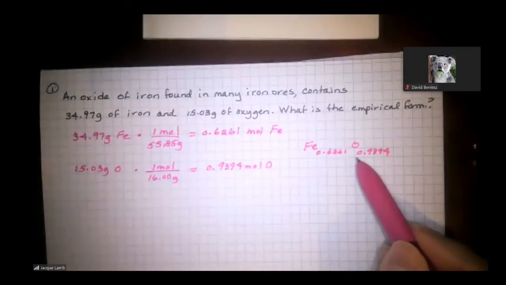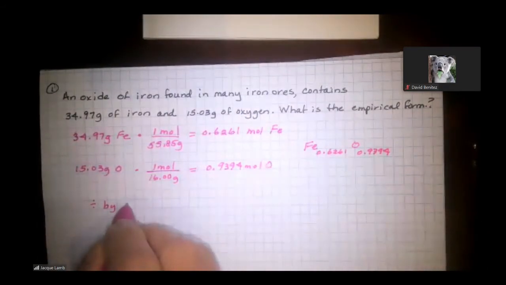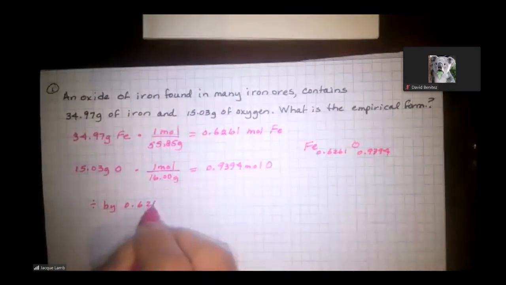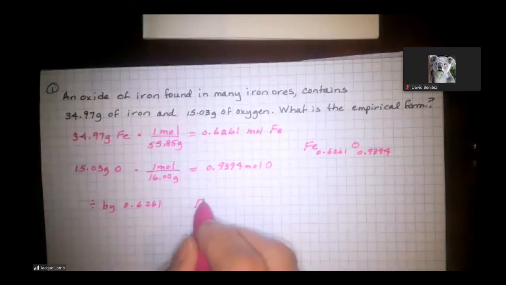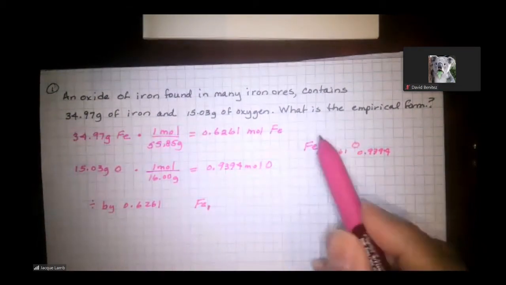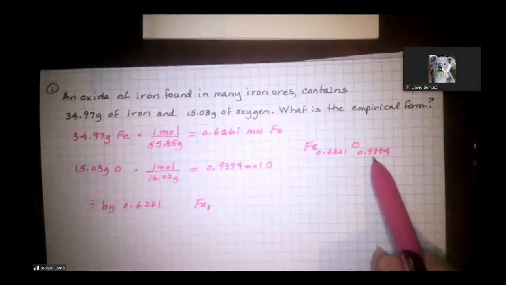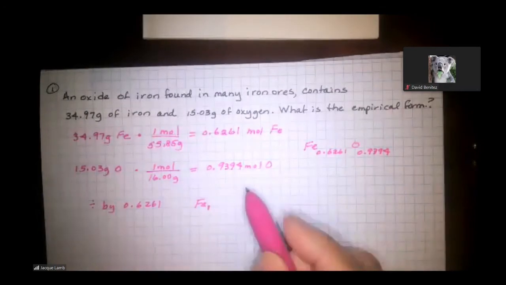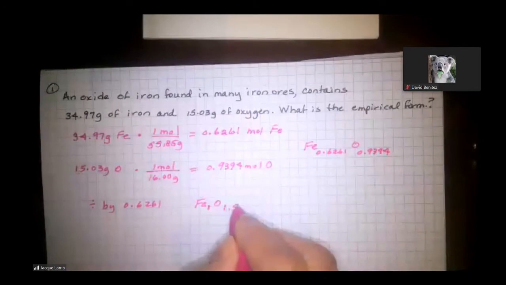So I'm going to divide by the smallest. I'm going to divide by 0.6261. That automatically converts that to 1. So Fe1, I'll put the 1 in there for now. You don't need to put the 1 in. When I divide 0.9394 by this number, I end up with O 1.5.